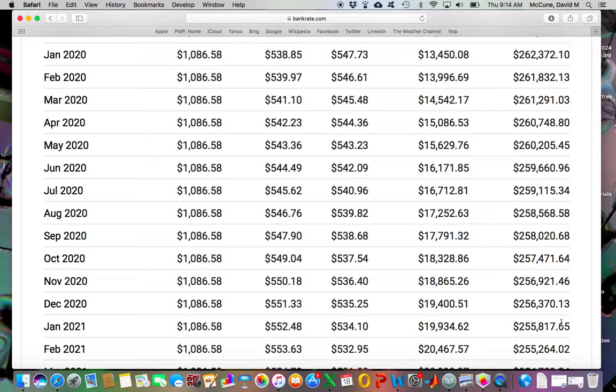You've reduced it by about 20 grand over the 3 years. So what the bank will now do is they will take this $255,817 number, they'll treat that as a new loan amount, and they'll basically reset the loan to a 27-year loan with this as a principal amount, because that's how much you still owe, and with 6.5% as the APR.